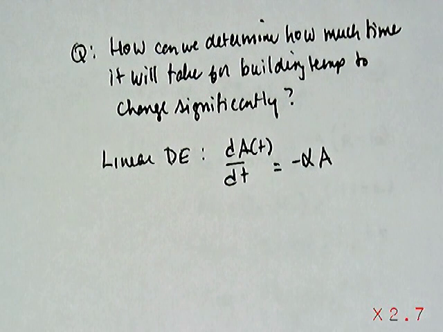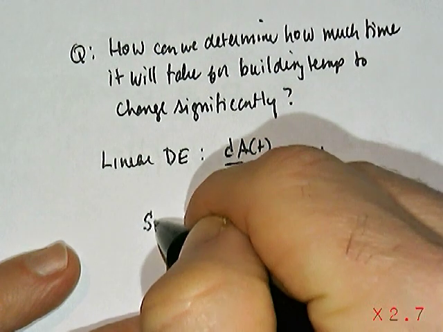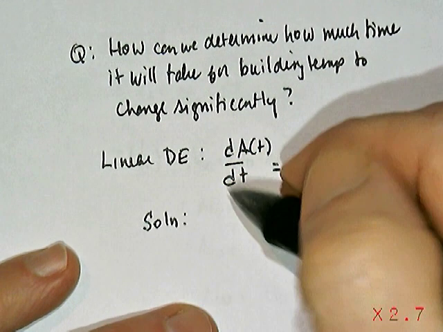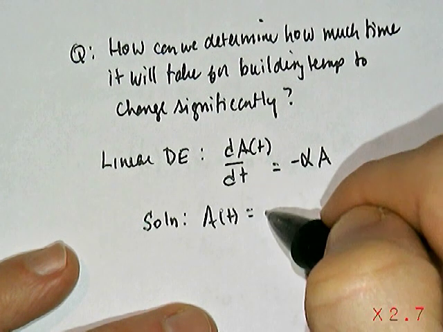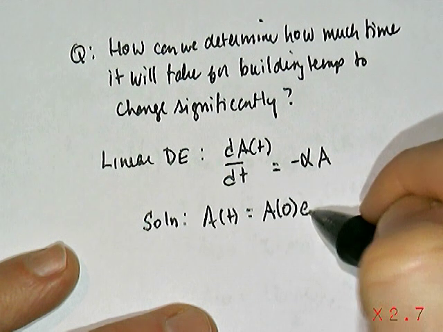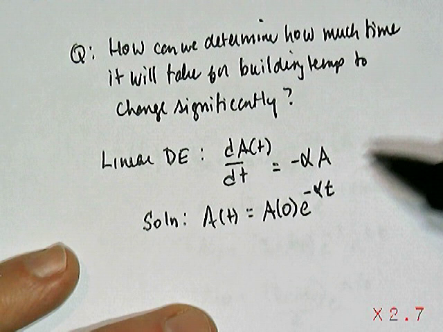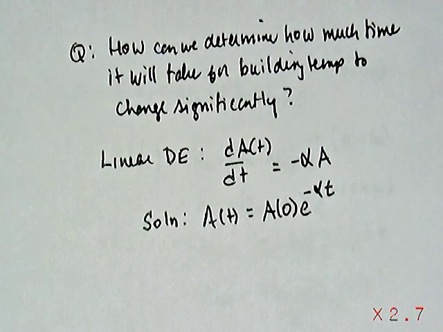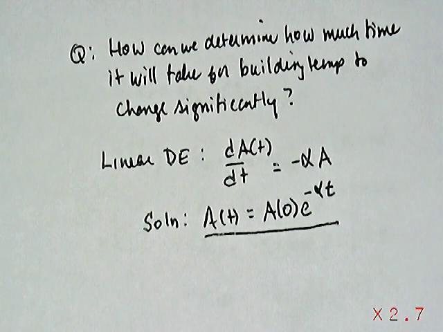So it's easy to determine that the solution for this kind of differential equation just has the form that a of t would be, let's say, a0 if we had an initial condition, e to the minus alpha t. All right. So this is just a very standard solution, very easy to determine, a separable equation there.